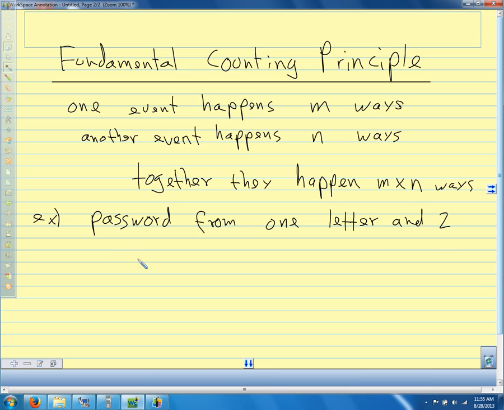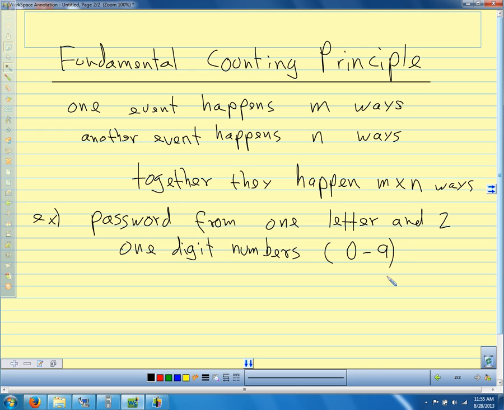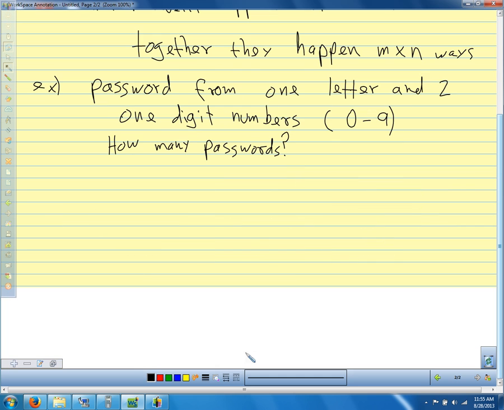So I'm going to say 2 one-digit numbers, and I'll put in parentheses 0 to 9. How many passwords can we make? So that's our question. We have one letter and two one-digit numbers.